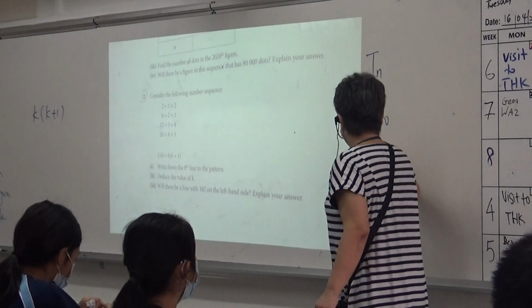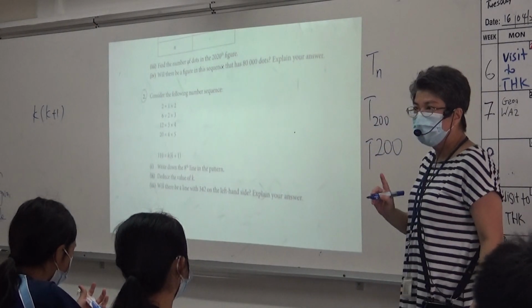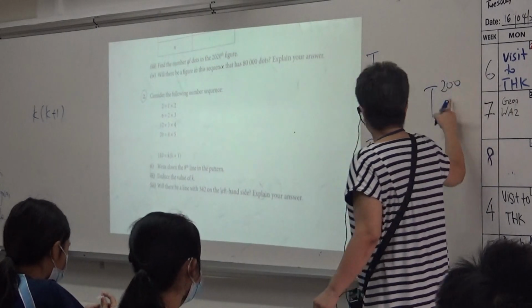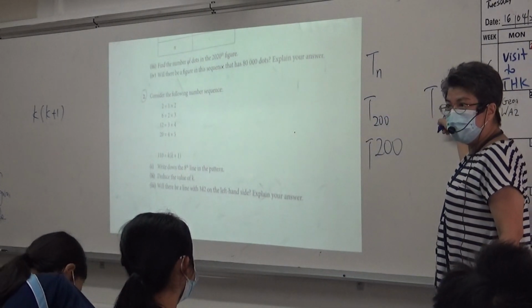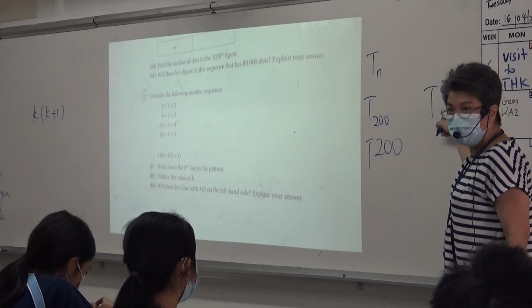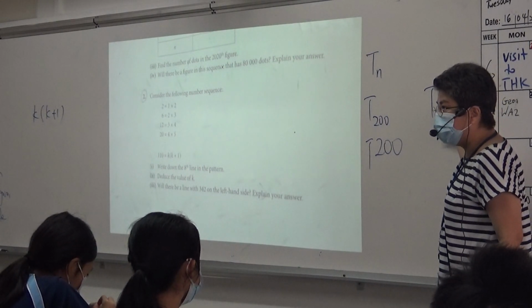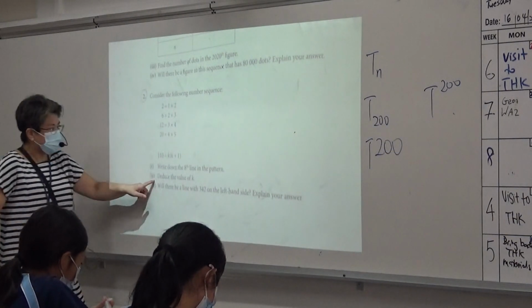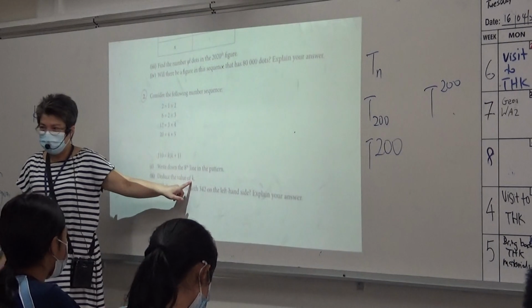Okay? Not T like that. Understand? And we never use superscript because this one is T to the power of 200. We always use subscript. Do you understand what I'm talking about? Okay? Alright. Now, then, deduce the value of K.